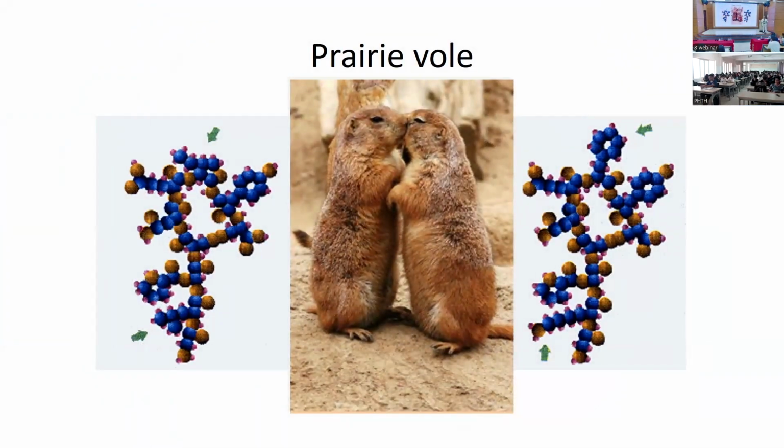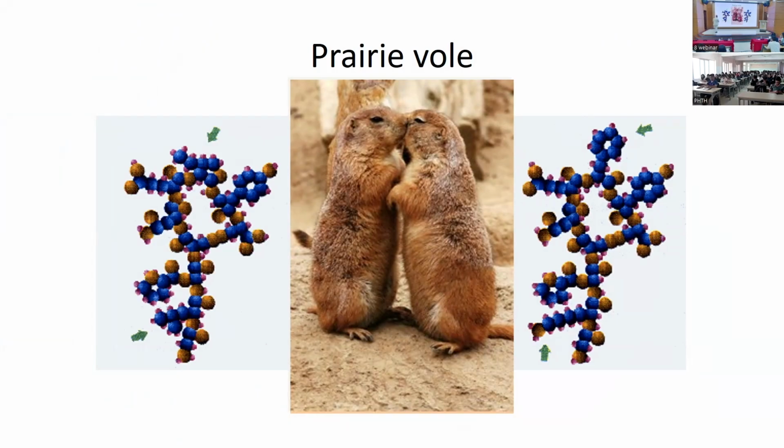So, forget about the monkeys, and let's go to the rats. I wanted to introduce another animal, which is the prairie vole. The prairie vole is a kind of rat, but a unique one. It lives not in Africa like the bonobo, but in the center of North America.